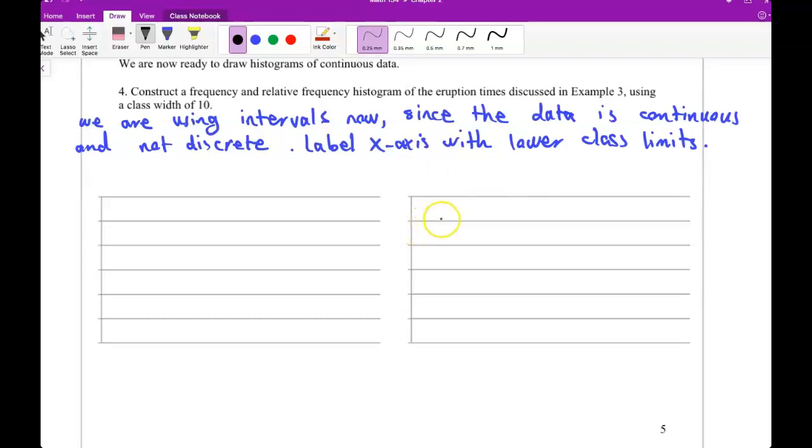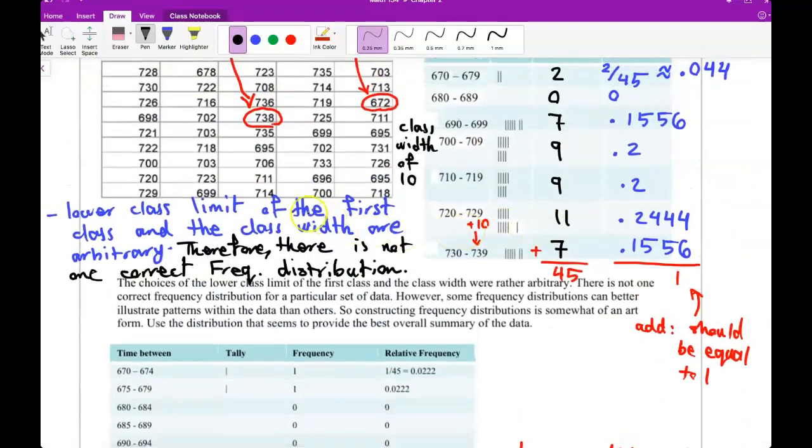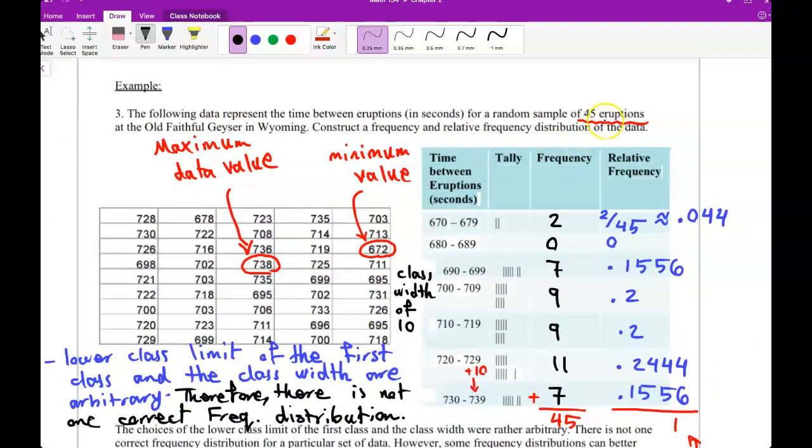I'm writing that here. So I wrote that part.